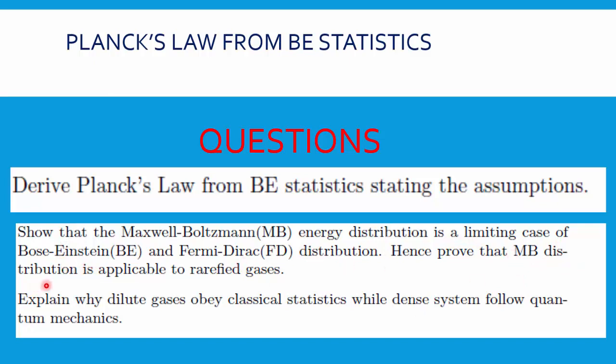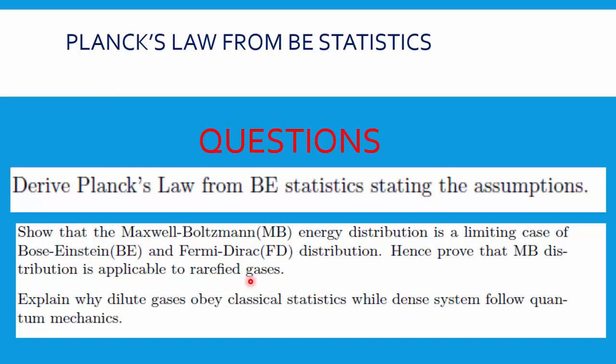Hence prove that the MB distribution is applicable to rarefied gas, because as delta tends to 0, the FD or BE particles lead to lower number density, which means you are moving to Maxwell-Boltzmann statistics. So Maxwell-Boltzmann particles are less dense, so it is called a rarefied gas.